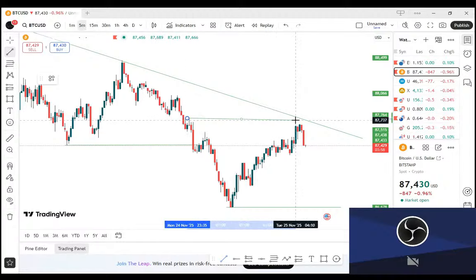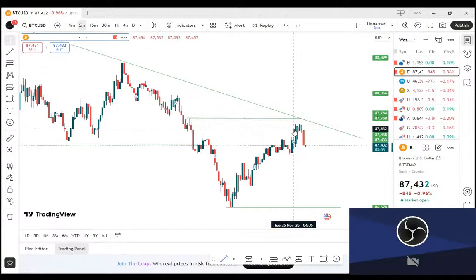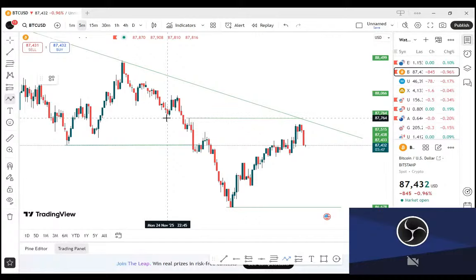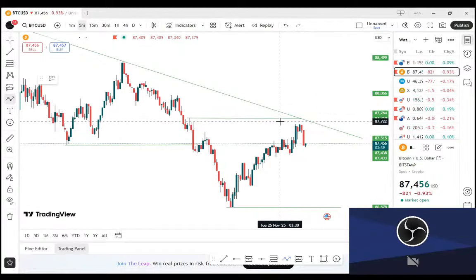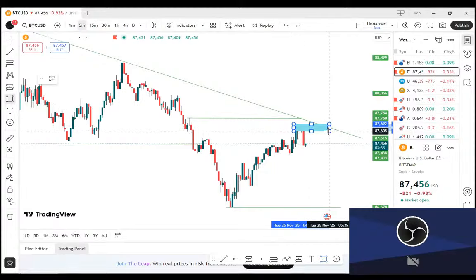Let's mark out the key levels. So I've seen this kind of formation before. What I would do, since price is making a retracement, is mark out this opposite candlestick here.